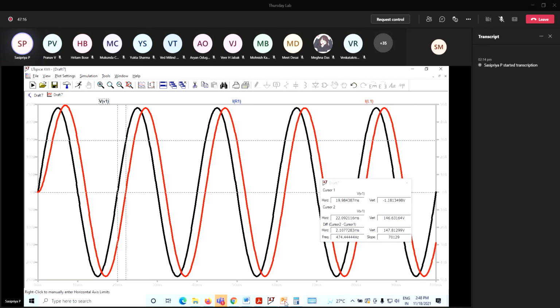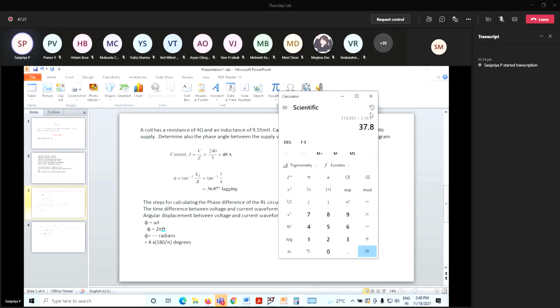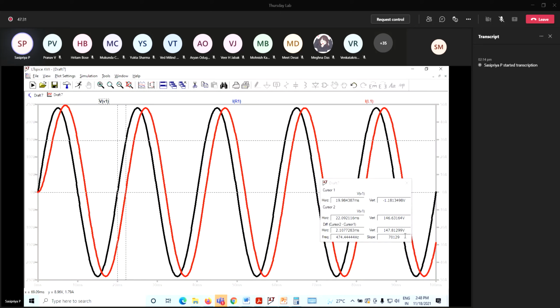So the current is about 48 amps, and the phase difference is 36.87 degrees in theoretical calculation. In simulation, we are getting 37.8 degrees, and the current is 48.2 amps.